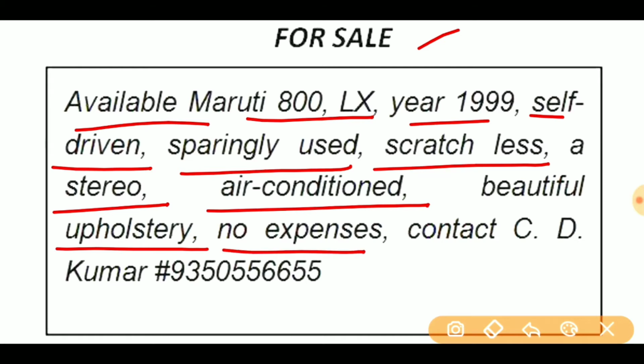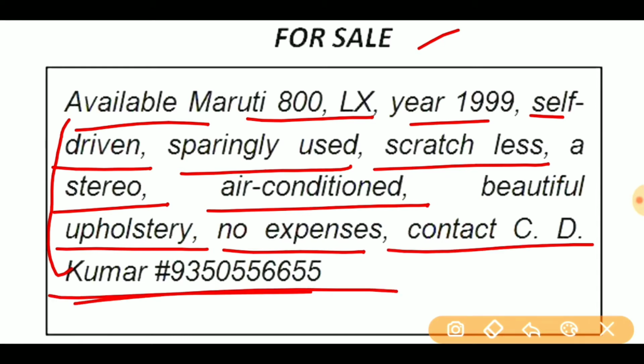These are the details of the vehicle. And lastly, the contact address is also mentioned here. If in the question you have not been given the contact details, you can mention any phone number of your choice.